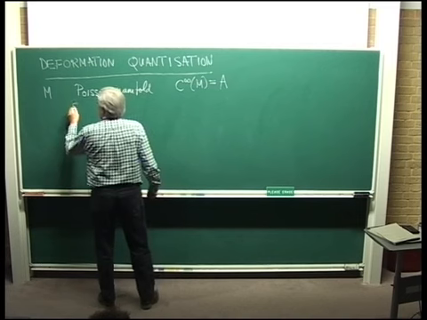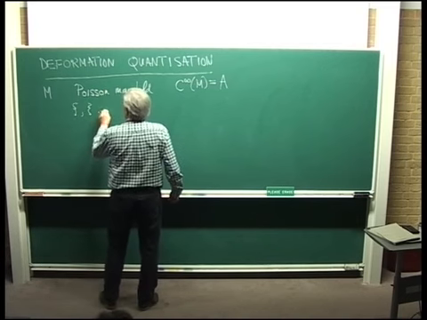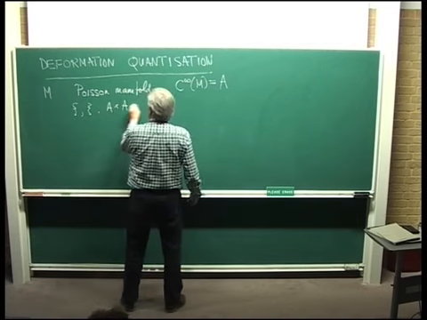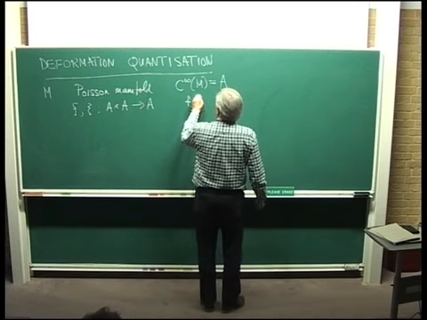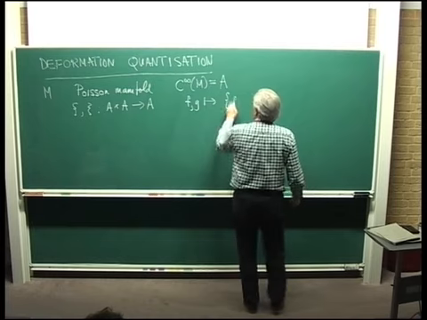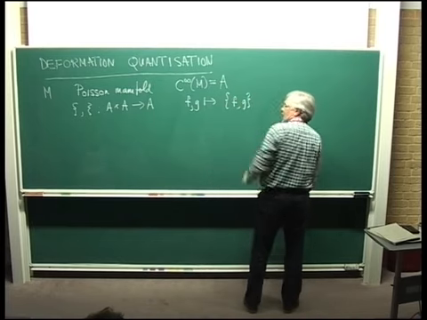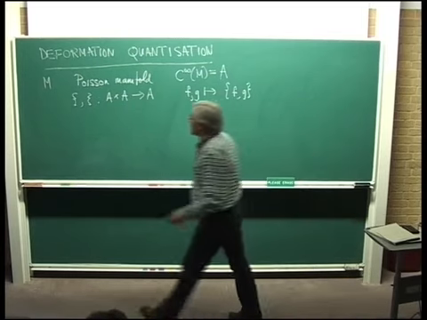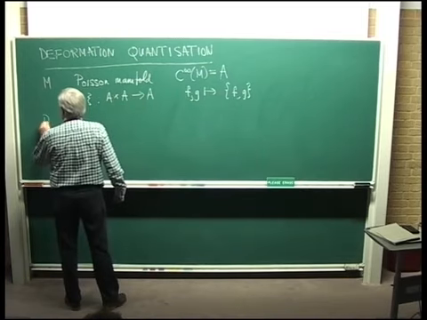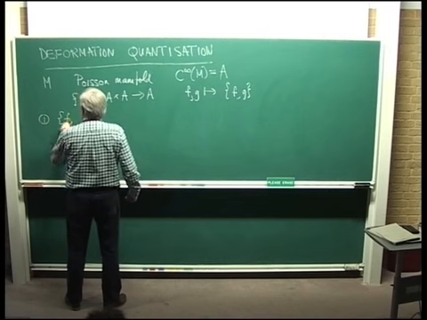So this is a bilinear function from A cross A into A, normally written F, G goes to the Poisson bracket of F and G. And this is all we need to retain about it, that it has certain convenient algebraic properties. First of all, the bracket is skew-symmetric.